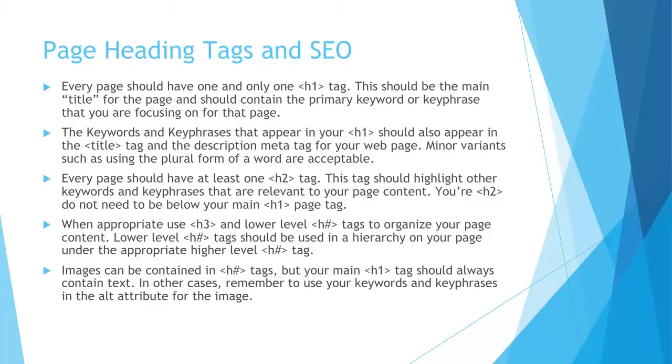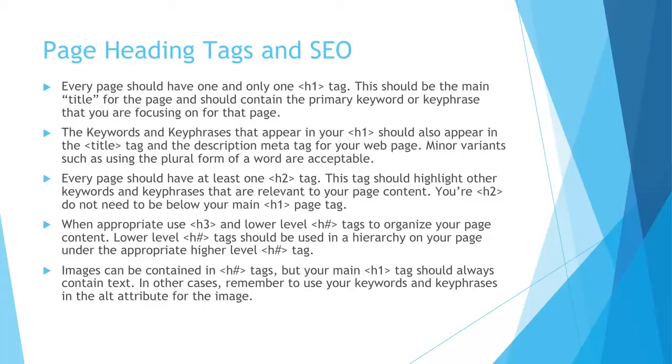And actually, the last really important thing about a heading tag is the font size. The font size is the least important attribute of a heading tag. The most important attribute of a heading tag is the actual level that it's at.